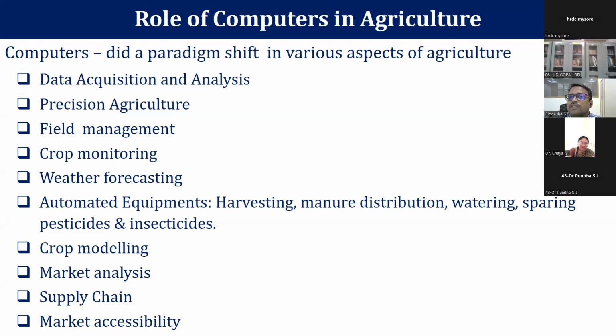Whenever the sensor senses that a particular area in the field is drying very quickly, that data is sent to the control system, and the control system supplies water to that place itself. Not only that, it also captures humidity.